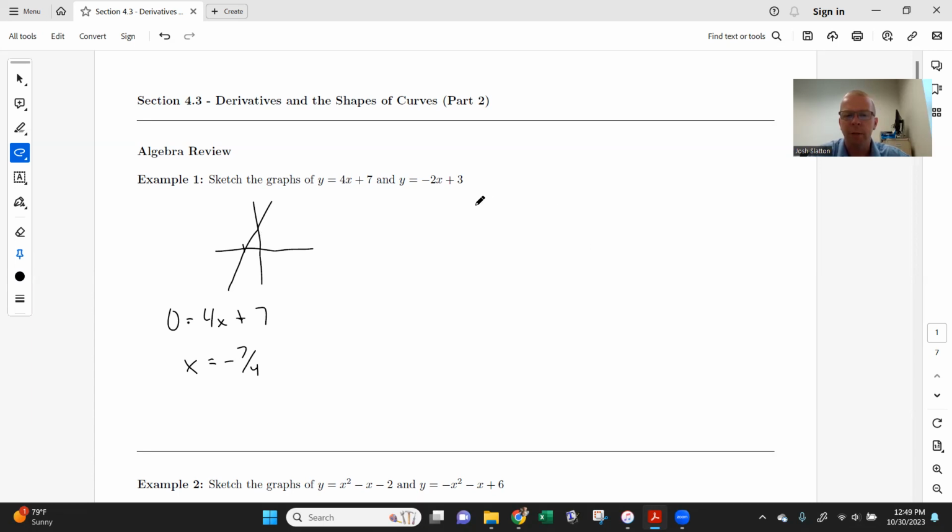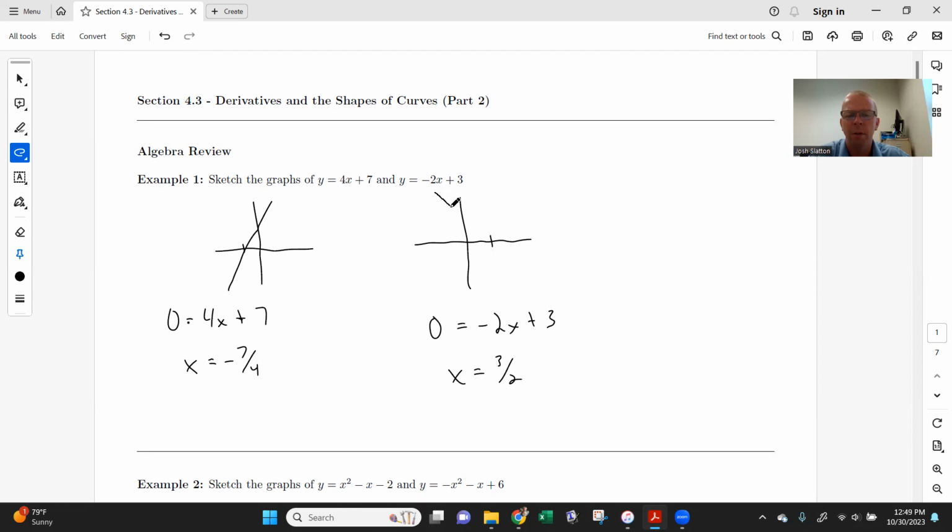Then the other one, we have y equals negative 2x plus 3. Of course that one has a negative slope. Let's find the x-intercept. Solve that for x, and we get 3/2. So positive 3/2 will be over here.